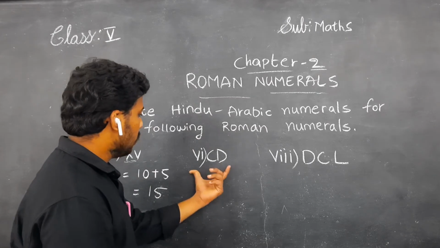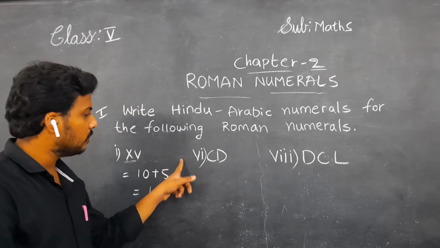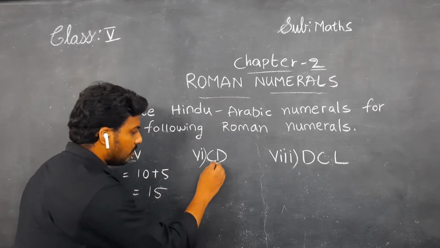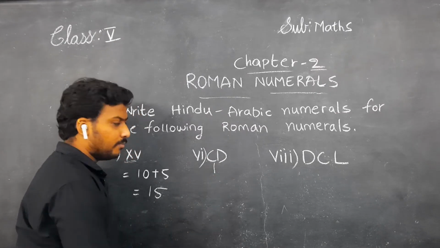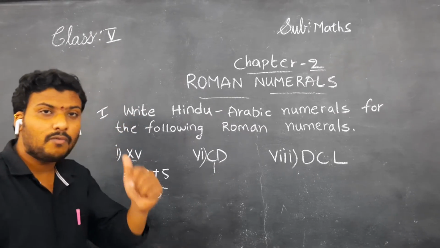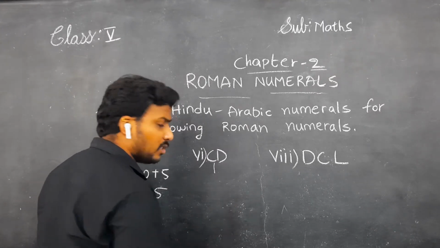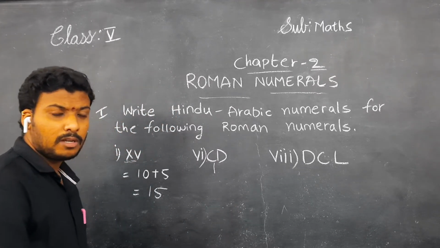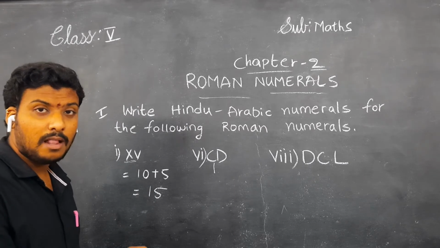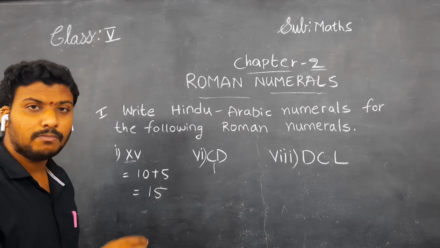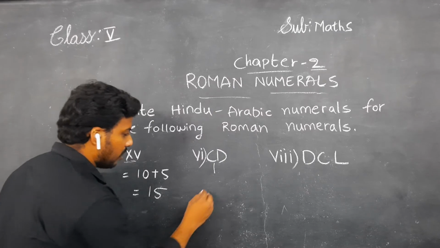Next, coming to the 6th one. Here the letter is C, and it represents the value what, children? We already discussed. C is 100.